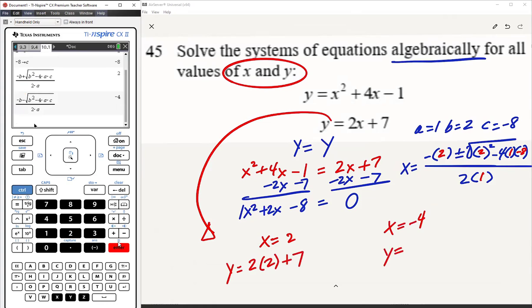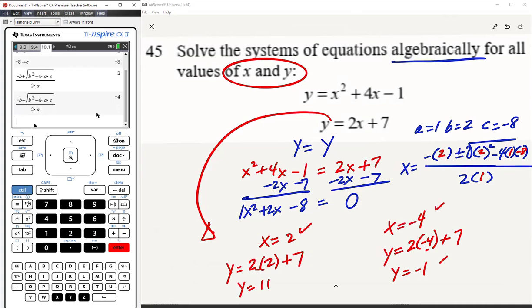It's going to be 2 times negative 4 plus 7. So for the first, 2 times 2 is 4, plus 7, so y equals 11. And over here it's 2 times negative 4, so negative 8 plus 7, which is negative 1. So here, (2, 11) is one of our points, and (-4, -1) is the other.